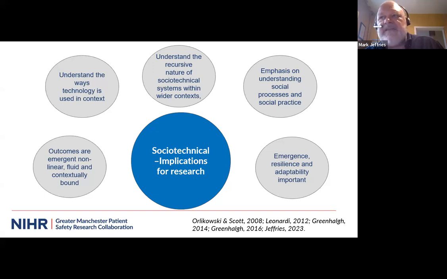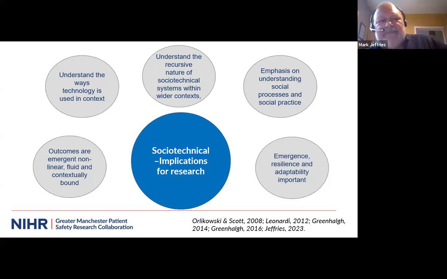So the implications for research, therefore, may well be within understanding that social process. So we're not looking to measure the effect upon technology or how it is adopted or resisted or not. We're looking to understand the ways in which technology is used within contexts. What is the recursive nature of that in the wider contexts?